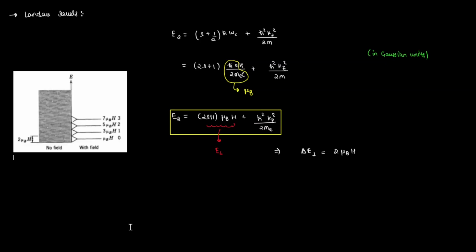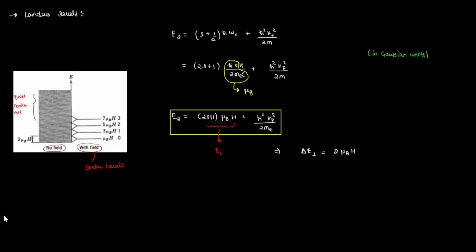You can see the concept of Landau levels by using this figure also. Here in the absence of magnetic field, the energy levels are quasi-continuous, while in the presence of magnetic field, the energy levels are discrete and form Landau levels.